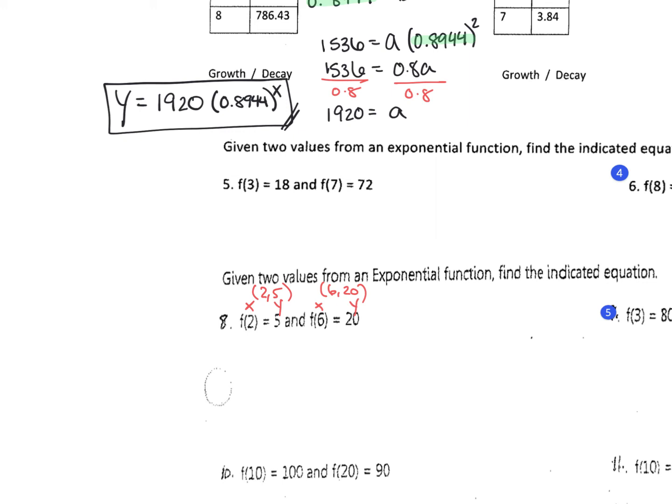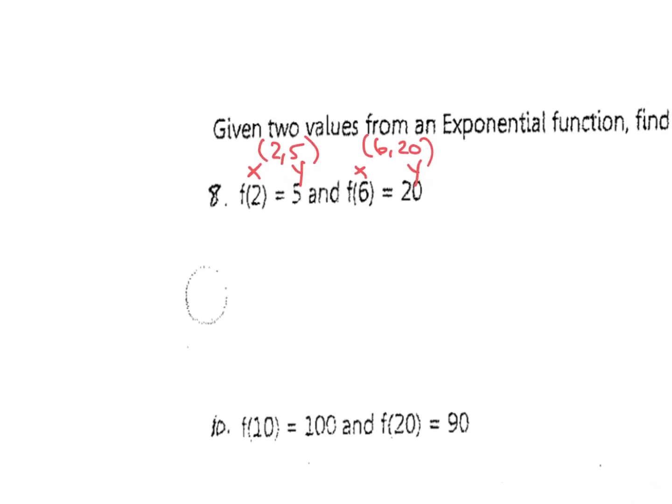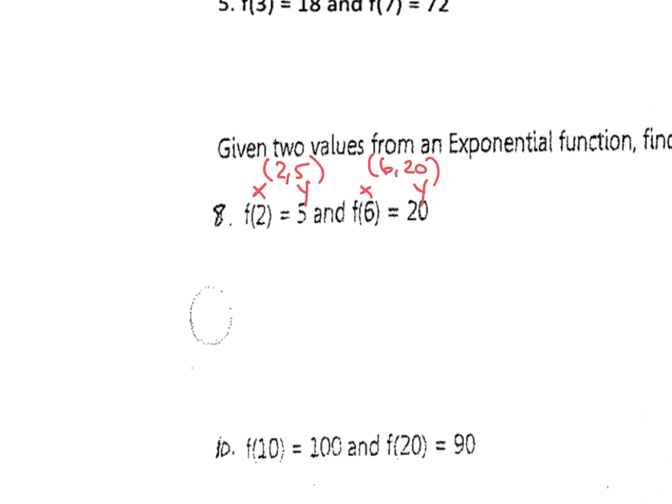And once you know that, it's exactly the same type of thing that we were doing before. So let's try that once more. Remember, on top, we're going to put the equation with the highest x value. So in this case, it's going to be 6. So we will have 20 is equal to a times b to the power of 6.